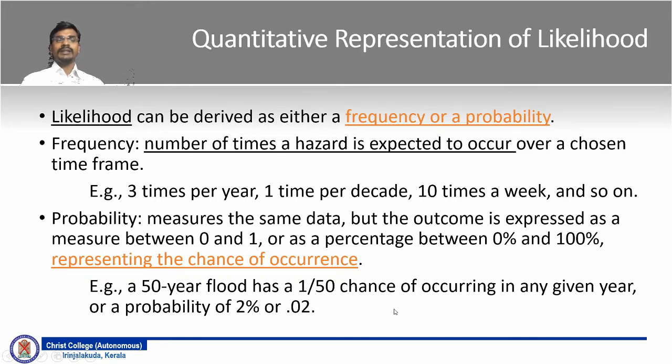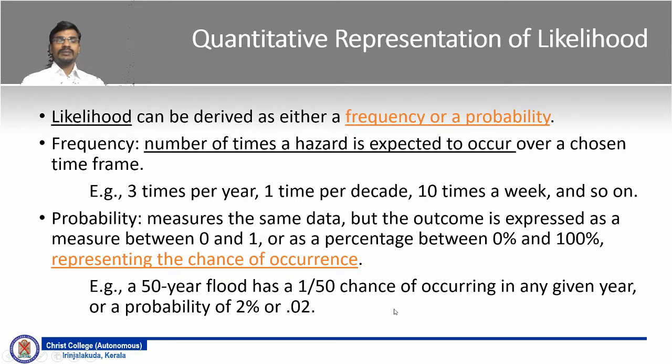Whereas probability measures the same data, but the outcome is expressed as a measure between 0 and 1 or as a percentage between 0 and 100%, representing the chances of occurrence of the event.